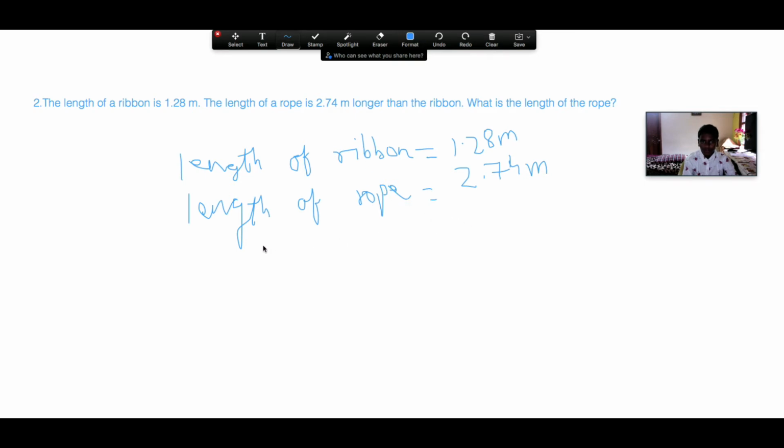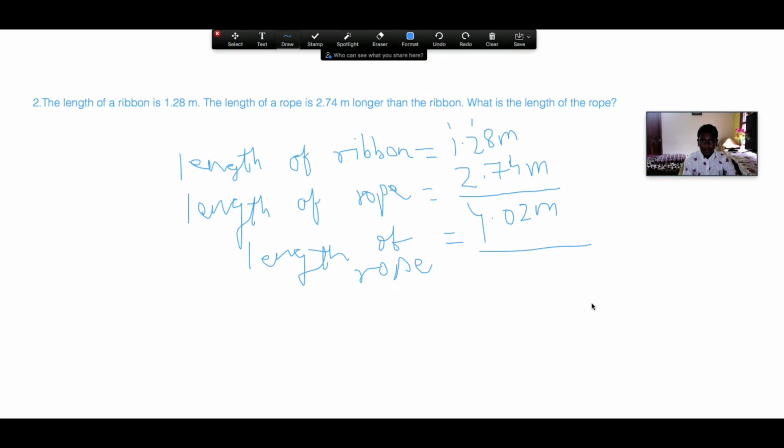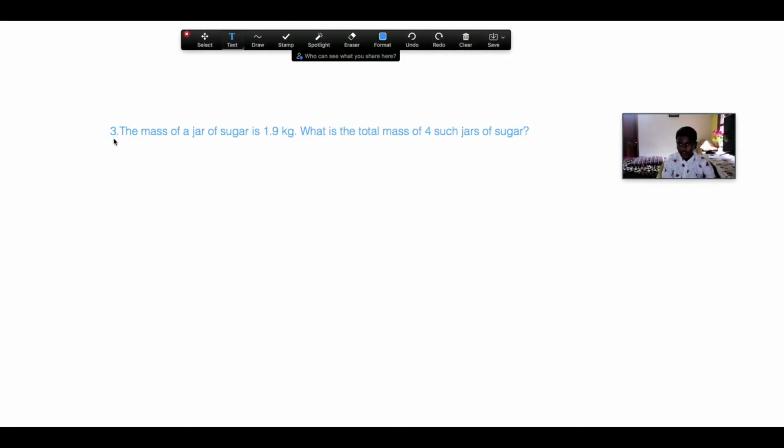So therefore length of rope is equals to 8 plus 4 12, 1 2 3 plus 7 10, 2 plus 2 4. So therefore the length of rope is equals to 4.02 meters.